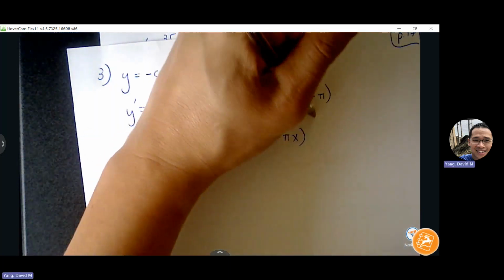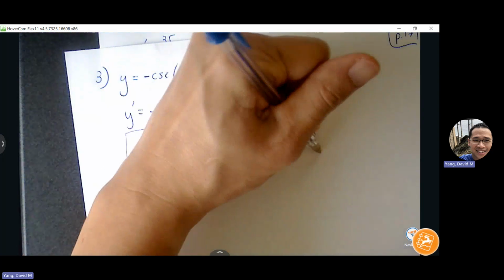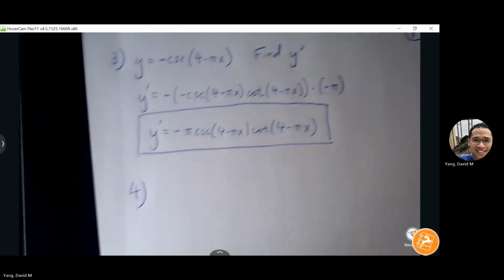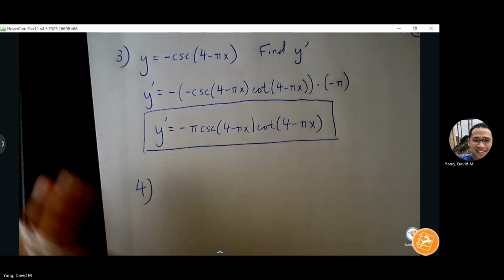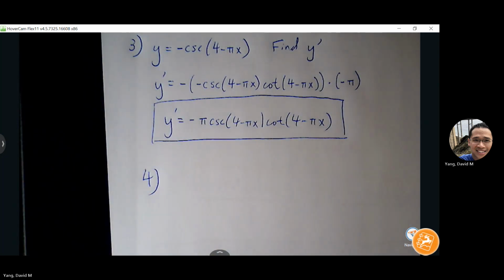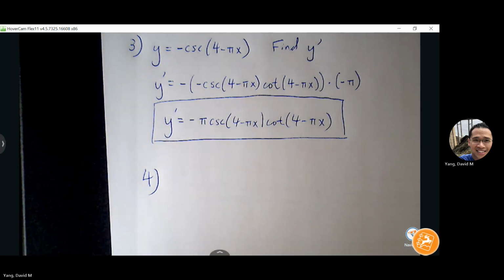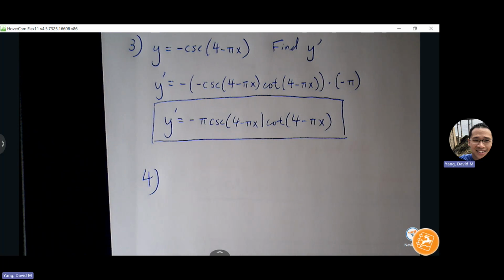On the key, I have finding the second derivative, but we can just stop at the first derivative. That's fine. Okay, number 4.